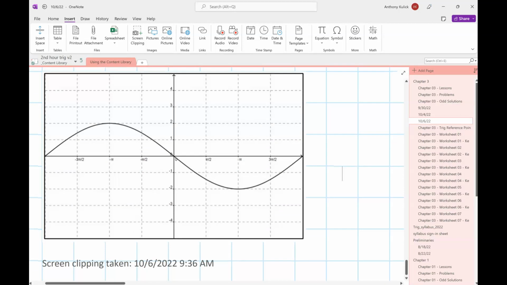All right. So let's say we want to write the equation for this sinusoid.